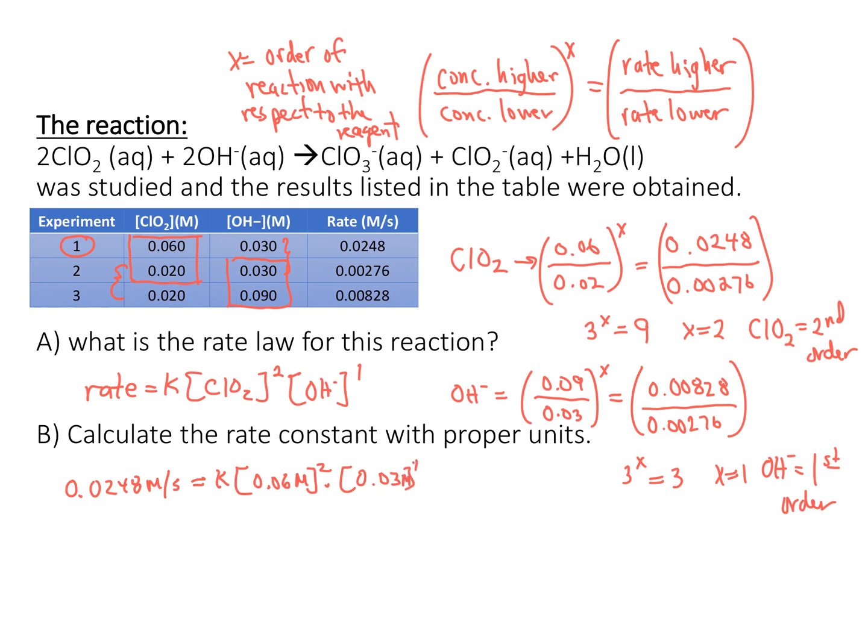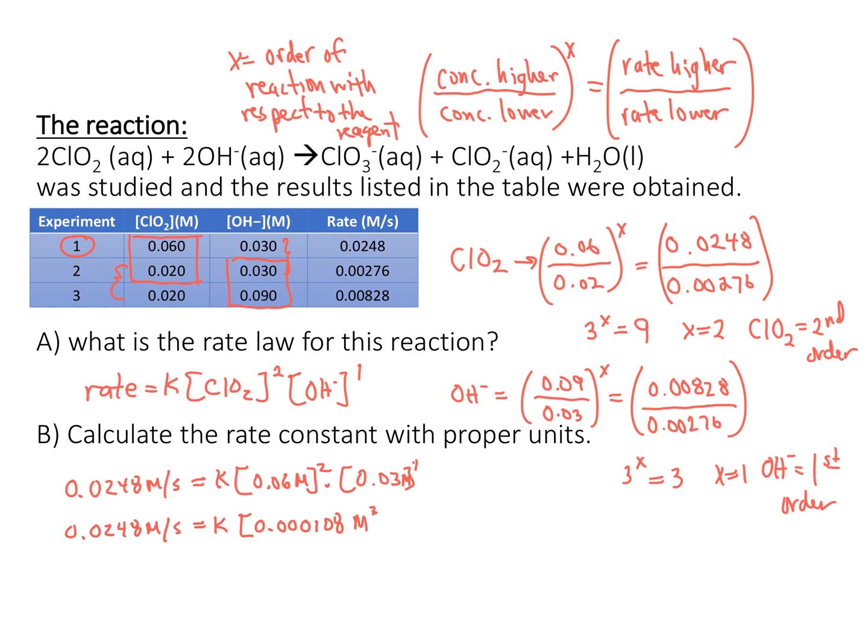So if I square the concentration of chlorine dioxide and multiply it by the concentration of hydroxide, I get 0.0248 molar per second equals K times the product of that, which is 0.000108 molarity cubed.